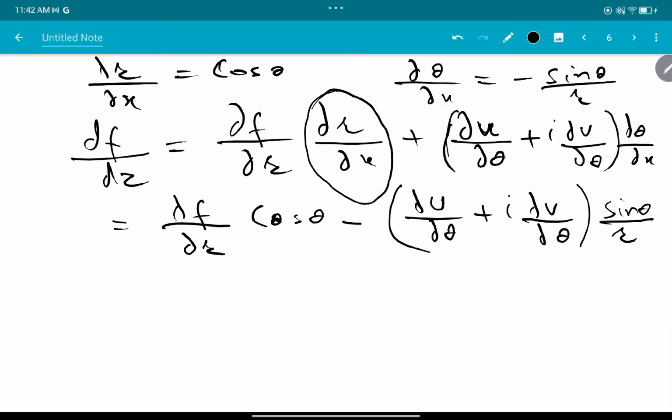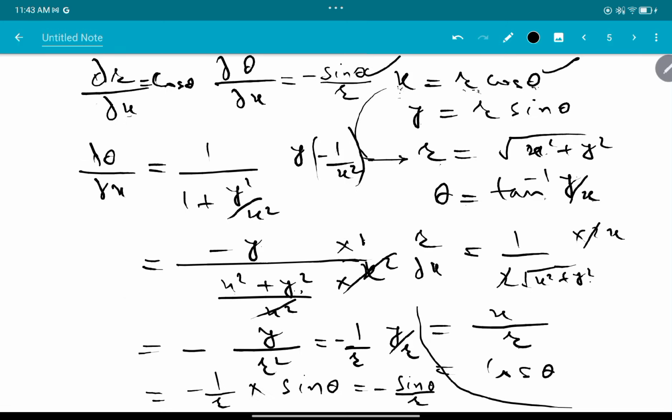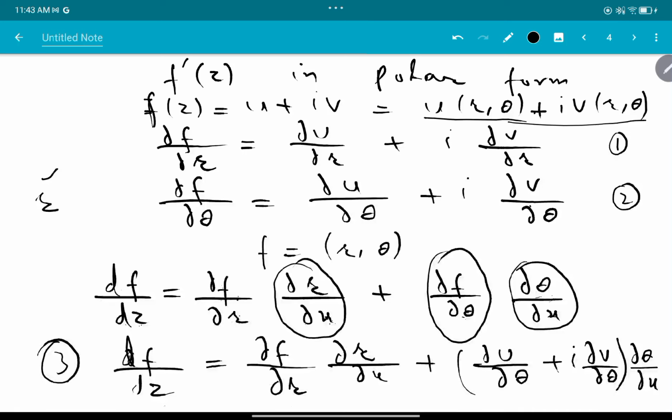Okay, it is right. Now what I do is I will use del u by del theta plus i del v by del theta. I have this relation somewhere; previously we have written it. Del u by del theta plus i del v by del theta, you can check it there, in equations first and second, is simply equal to del f by del theta.